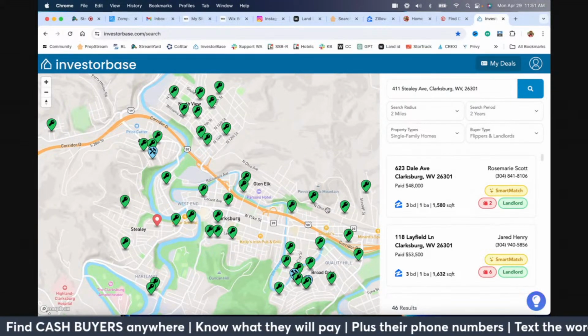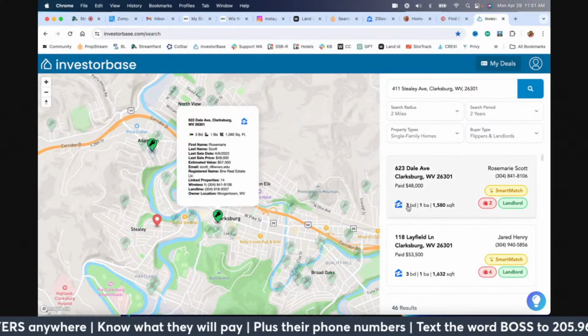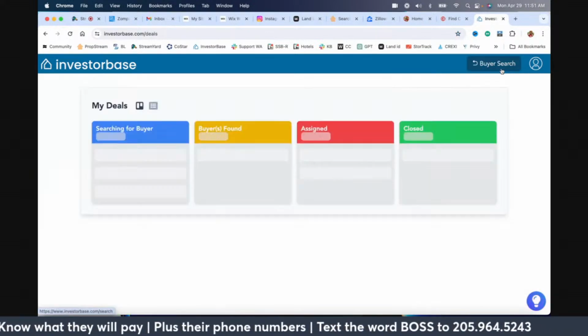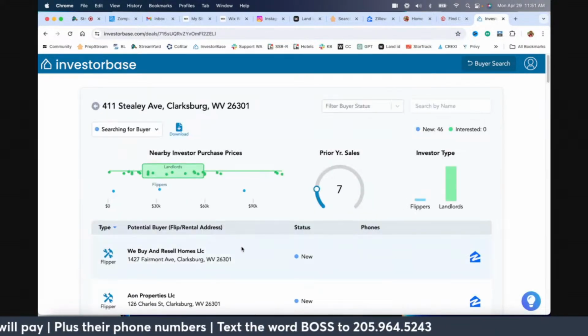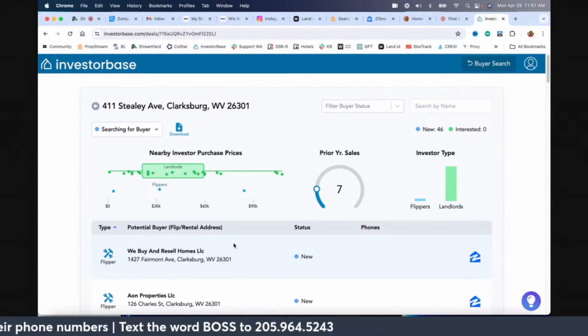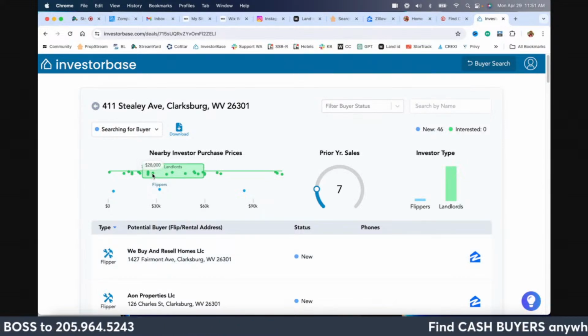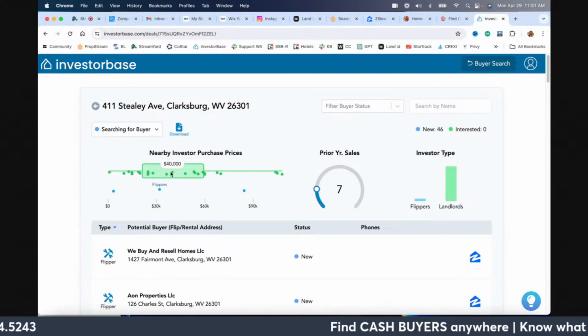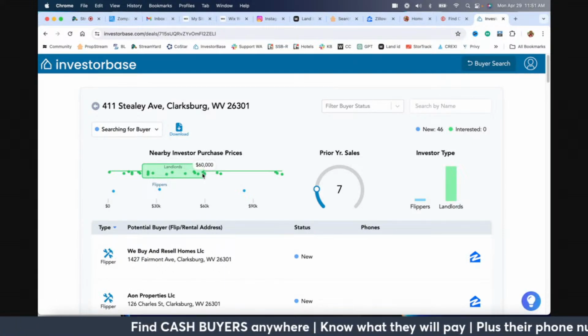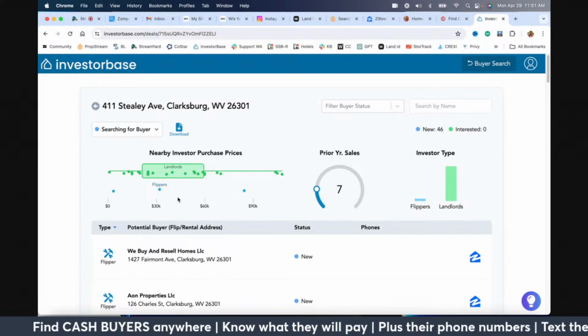All right, so yeah, we pulled up quite a few more. Let's go back over here just real quick and look at it from this standpoint. We got a little more landlord activity in here. So in here we got 25, 36, 48, and some in the 50s. So very little flipper activity.